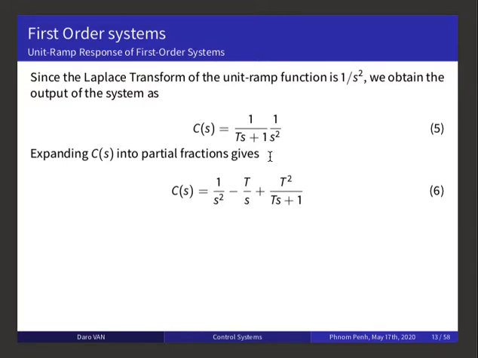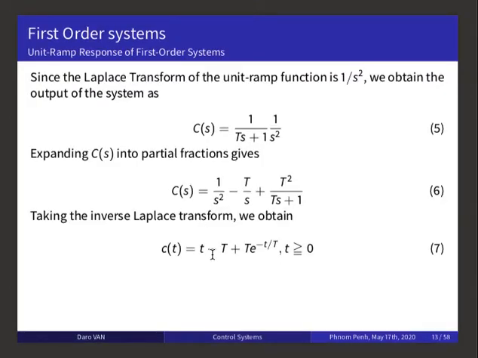I'm not going to teach you how to do partial fractions again because we did it in lecture 2, so you can go back if needed. Cs will be obtained like this. Then to transform from the S domain to the time domain, you take the inverse Laplace transform, and now we obtain Ct in the time domain given by this.